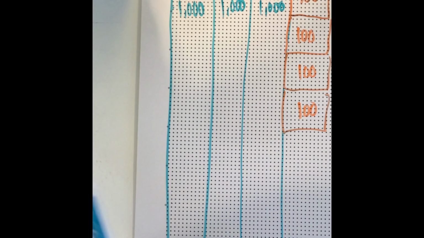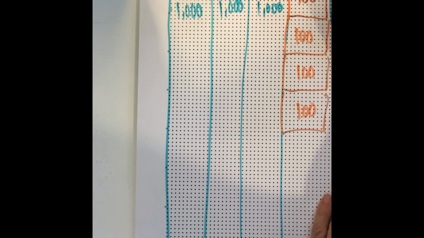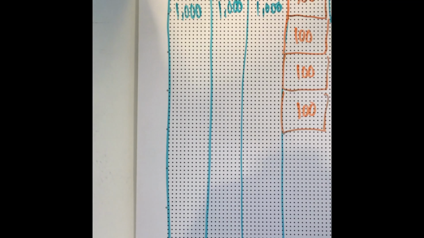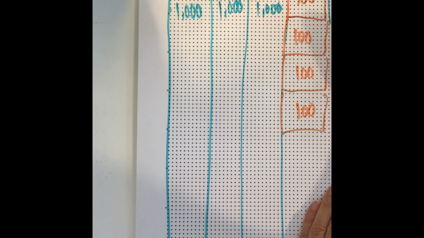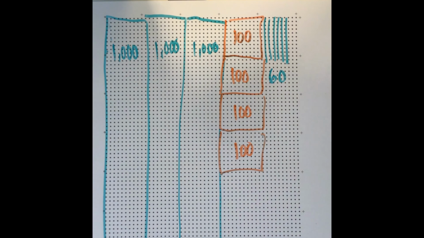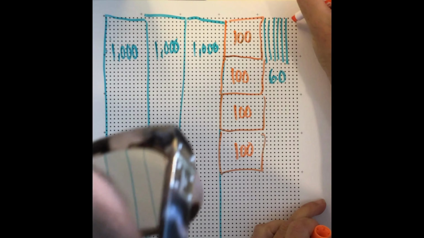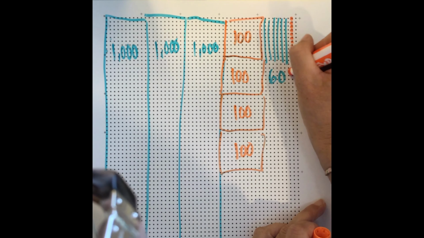They've got some 10s. 1, 2, 3, 4, 5, 6. 6 10s. And 1, 2, 3, 4, 5, 6, 7, 8 1s.